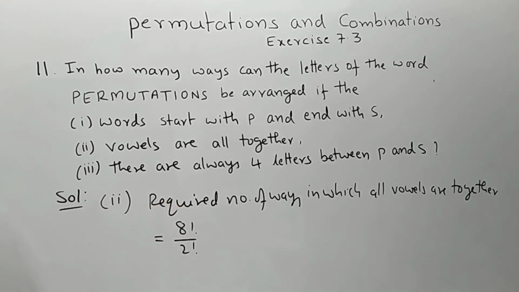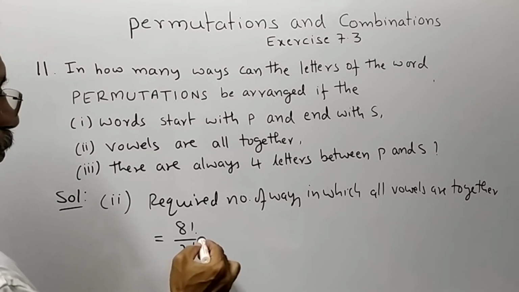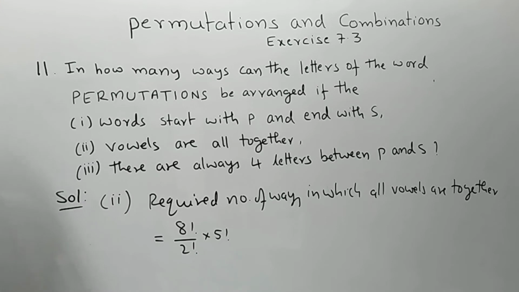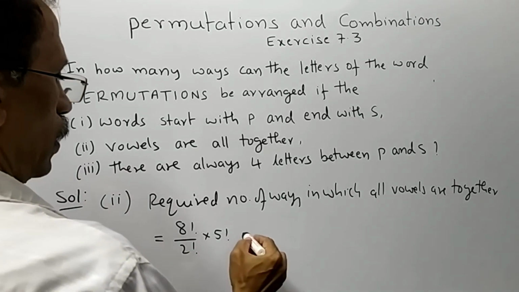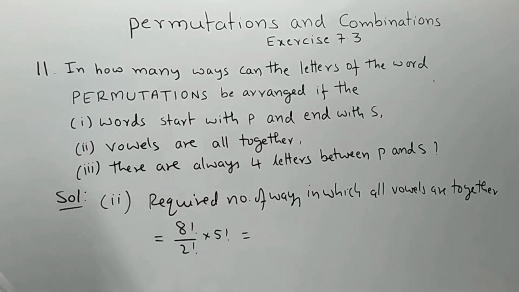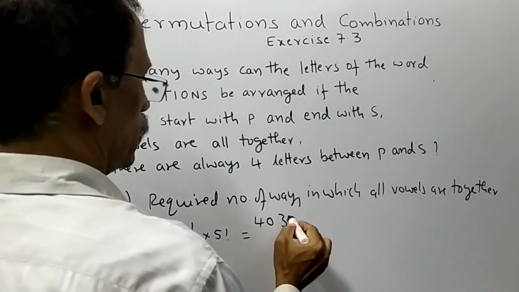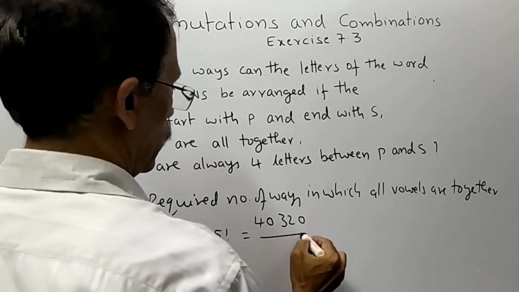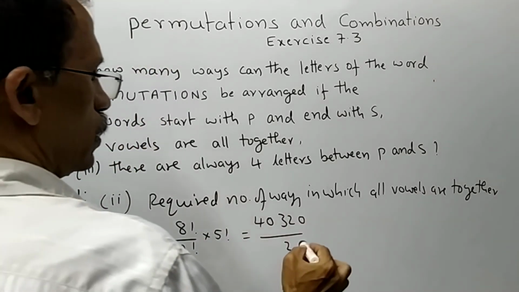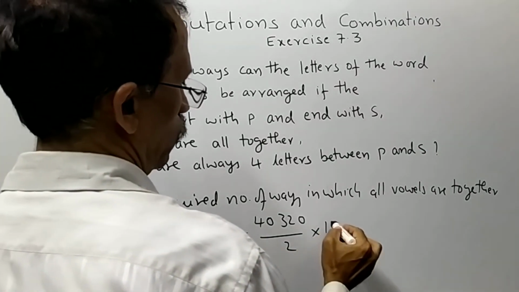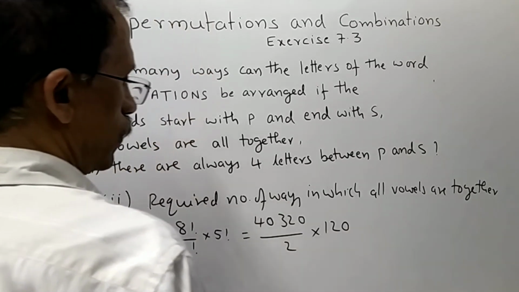Here this is not sufficient because all vowels can be arranged among themselves in factorial 5 ways. So we have to multiply by factorial 5. What is the value of factorial 8? 40,320, divided by 2, into factorial 5, that is 120.